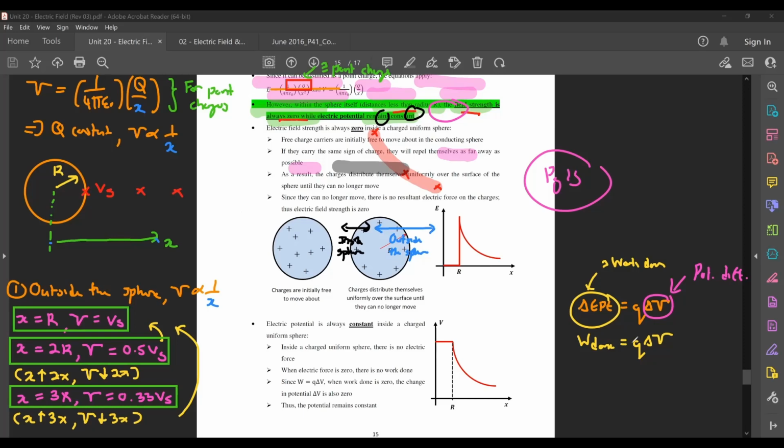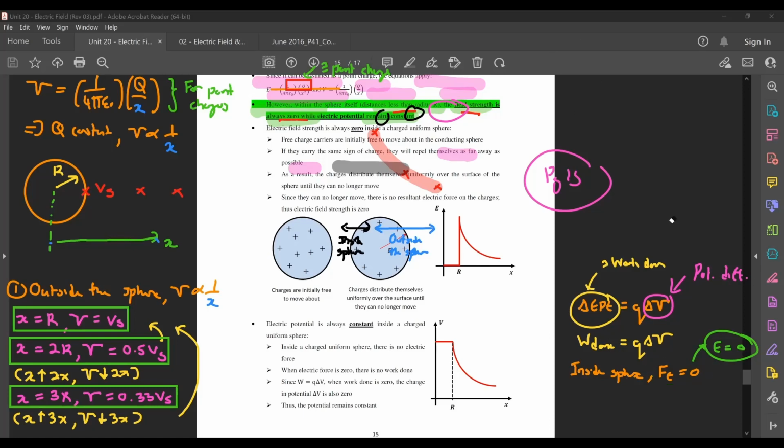Okay, so if you're talking about inside the sphere, earlier I mentioned to you that your electric force will be 0 because your charge no longer moves. It's because from electric force being 0 that you eventually concluded that E is 0, right? So because your electric force is 0 inside your charged sphere, you could also deduce that electric potential will be constant. Okay, so why is this so?